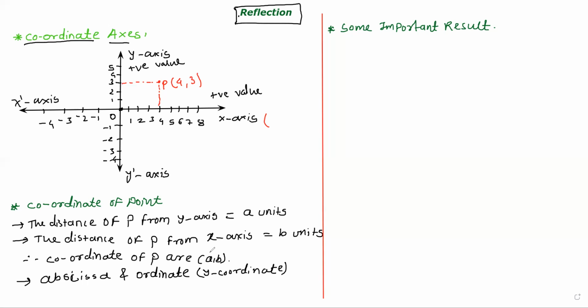In general, a shows the abscissa, and the coordinate y shows the ordinate.